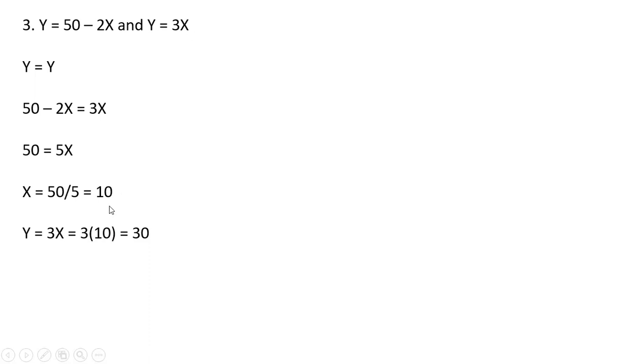I picked this one here, so y equals 3x, when x is 10, like we found, y will be 30. I'm just showing you we could have plugged this x equals 10 back into this first y equation to also get 30.